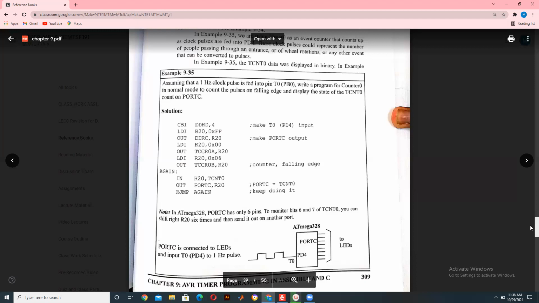Then LDI R20 equals 06, counter on falling edge, to TCCR0B. Then again we do input from TCNT0, and output we do at port C from R20. Then jump to again.